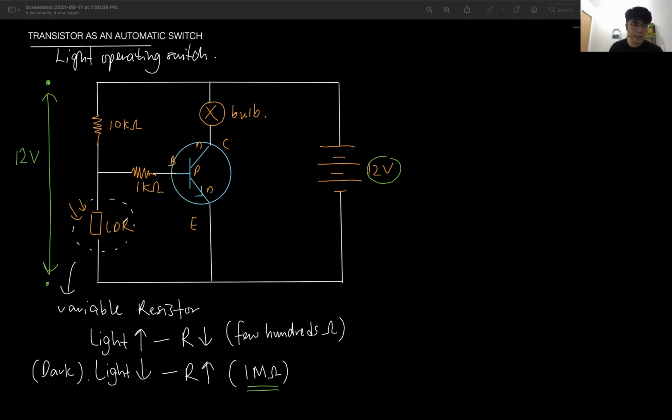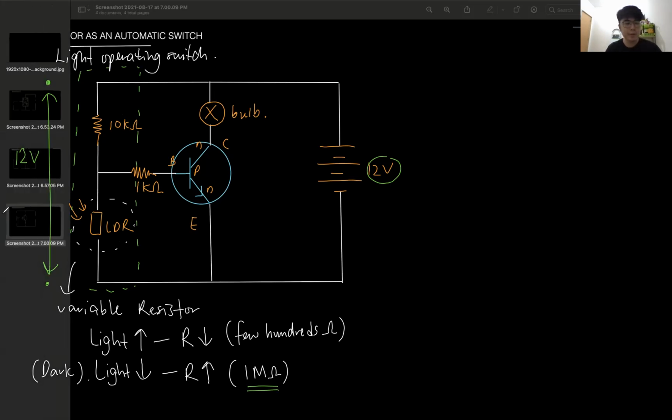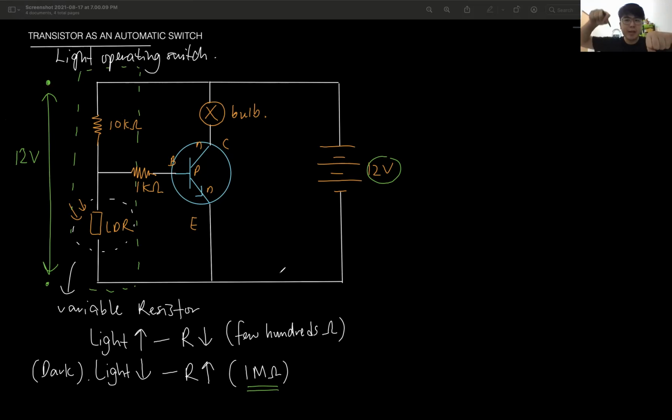When this increases to 1 mega ohm, it will take a greater share of the voltage, because this is a potential divider. The LDR and the 10 kilo ohm resistor are both sharing the 12 volts. When the resistance of the LDR increases, then the voltage across it will also increase.